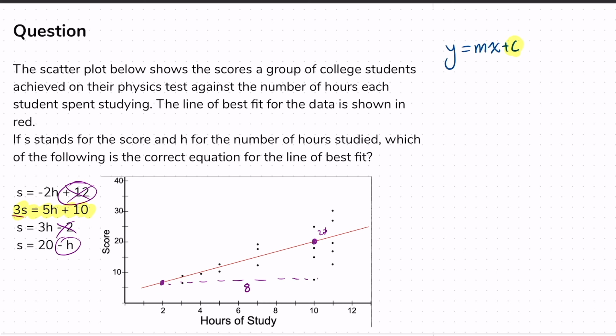But what that is telling me is rise over run, 20 over 8, that's equal to 2.5. And we have here 5 over 3, which is not too far away from that figure.